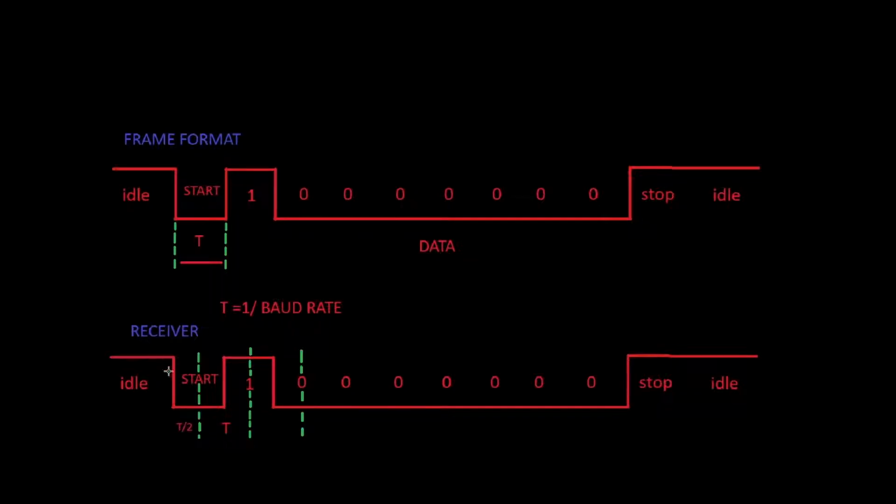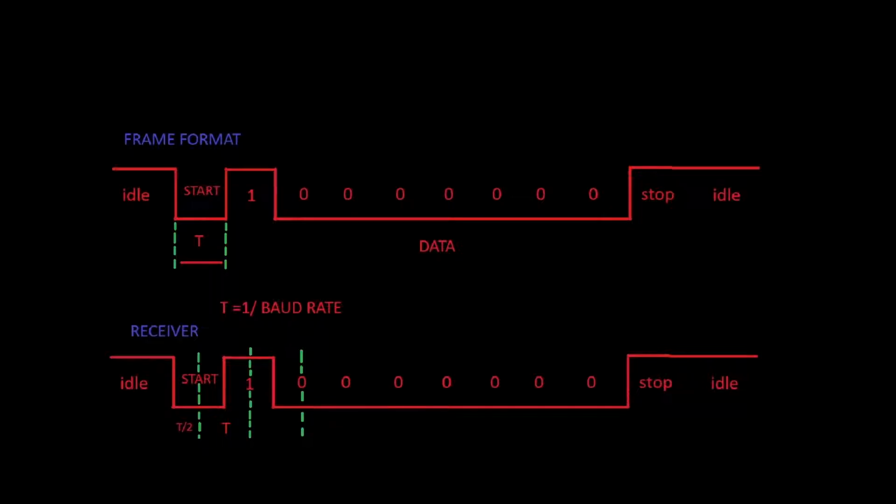There will be a time delay between logic high and logic low, so we need to be sure that we are receiving the correct data from another device. So we start our reading in the middle of the transmission: we wait for half of t amount of time, and then read our data in the middle of the transmission.